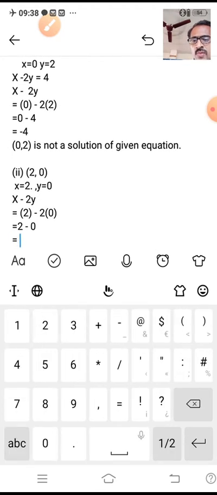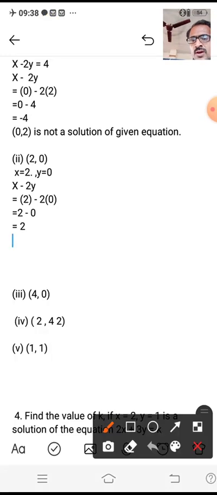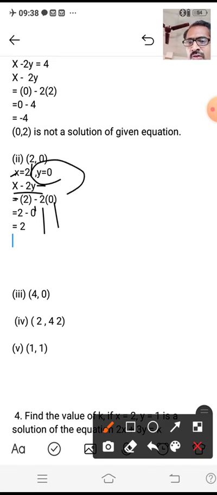Then we'll have 2 minus 0, 2. Okay, check it out. So simple. Left hand side is x minus 2y. So instead of x I have written 2 as it is. Instead of y I have written 0, because value of y is 0. So 2 minus 2 into 0 will be 0. So 2 minus 0 will be 2.